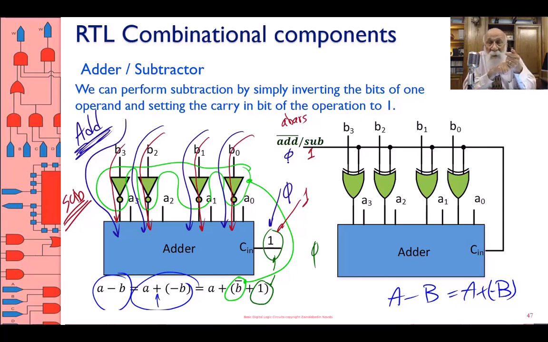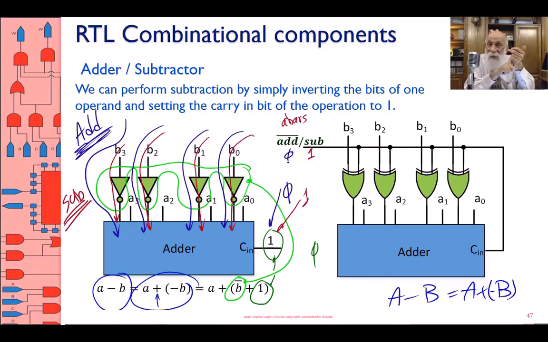Remember the good old XOR gates. I said that XORs are comparators because they compare: if the two inputs are equal, the output becomes 0. Okay? And XNOR is the opposite. So it is a comparator.